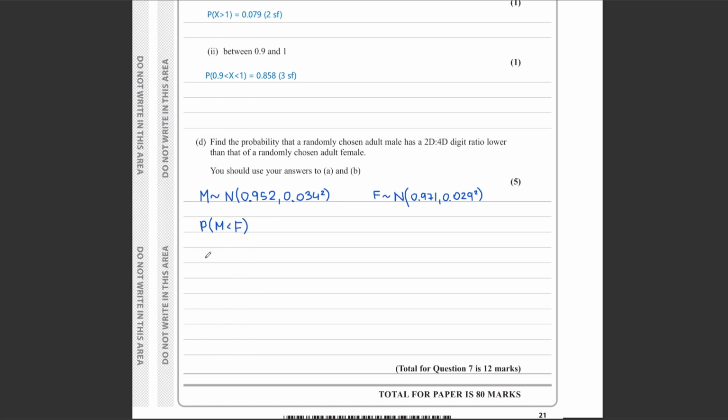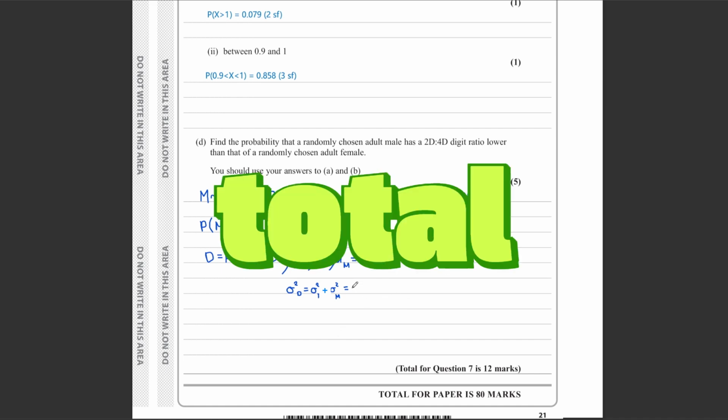Let's introduce the new variable D. The mean for this variable will be the difference between the mean for female and the mean for male, which is 0.019. Variance for our new variable will be also the difference of the variances.